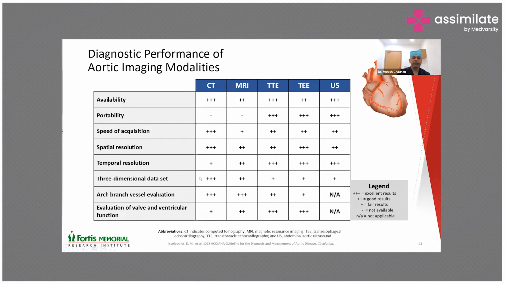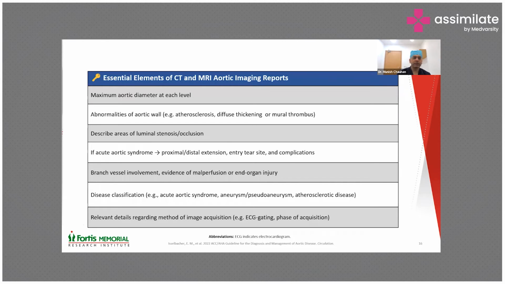CT gives you the best three-dimensional view and branch evaluation, but valves need to be seen in real time with flow determinants. That's why if you want to see valvular function and ejection fraction, transthoracic and transesophageal echocardiography give you the best results.